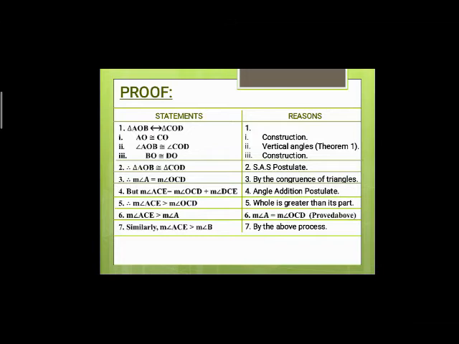If both the line segments are equal, then for the vertical angles, from theorem number 1, vertical opposite angles, we say that angle AOB is congruent to angle COD. Yes, students, angle AOB is congruent to angle COD by the vertical opposite angles, with the help of theorem number 1 that we already proved.